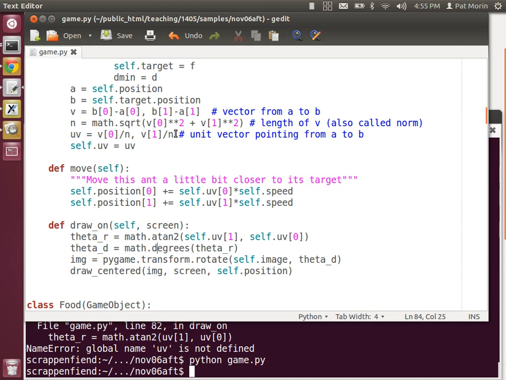The problem I had was that sometimes it would return a negative value, which, when I tried to rotate the image, would rotate it in the exact opposite direction. Okay, so that's a good thing. Somehow there's a sign problem maybe going on here.